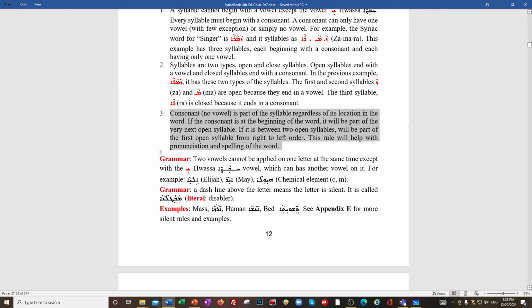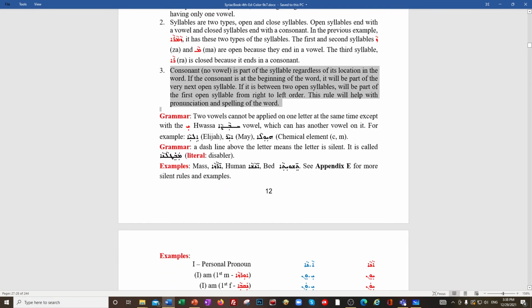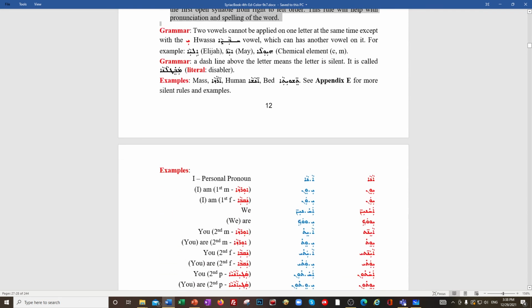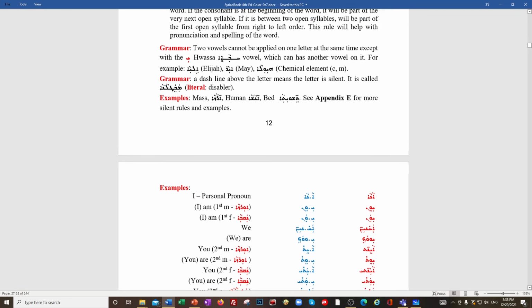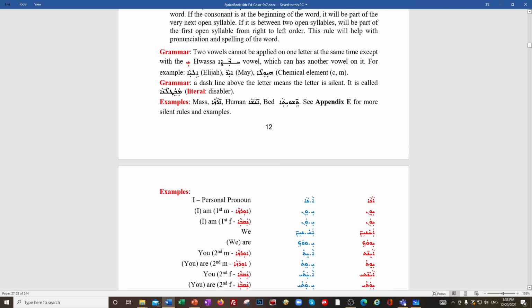A couple of grammar points before we end. Before we take a couple of examples, we need them in the coming chapters or videos. One grammar point: two vowels cannot be applied on one letter at the same time, except with the ḥwāsa vowel, which has another vowel on it.